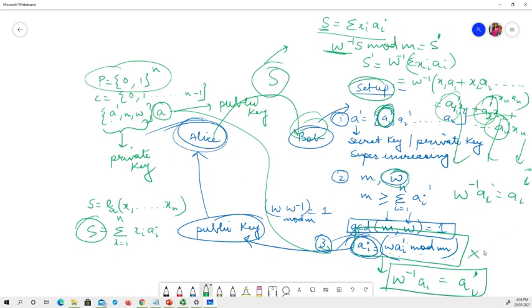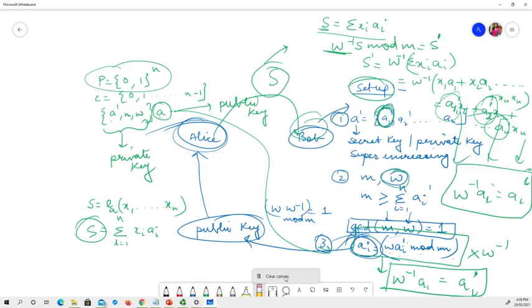This is what is termed the knapsack problem, and it ensures that Oscar is not able to access the message.